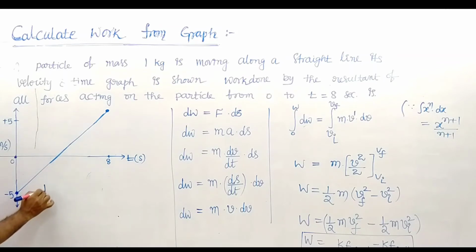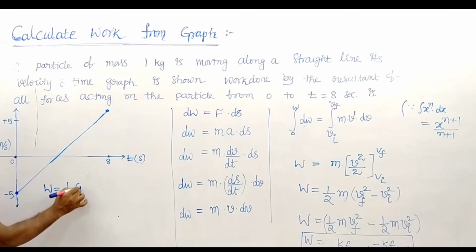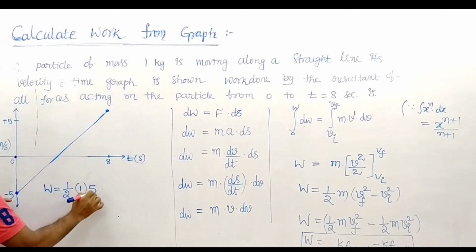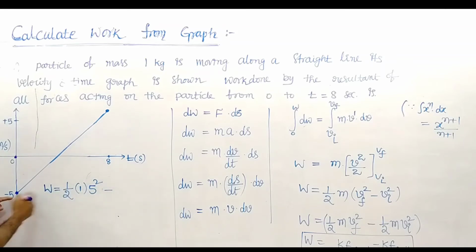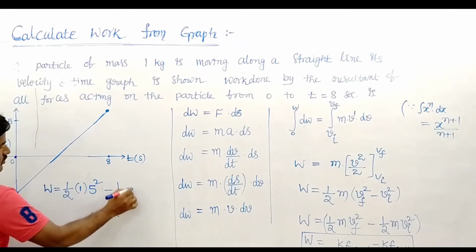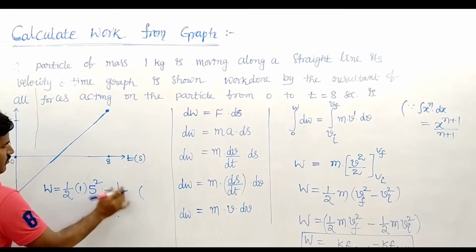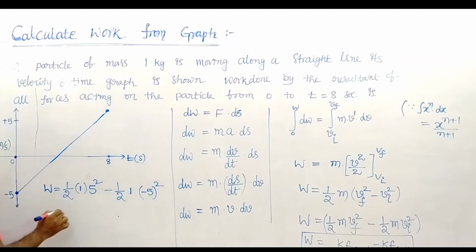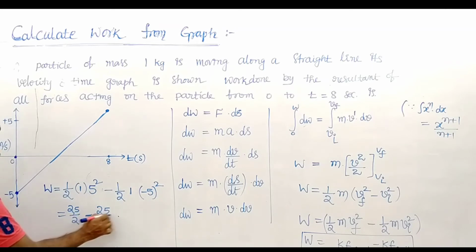Work done equals final kinetic energy, with m as 1 kg and final velocity 5, squared, minus initial kinetic energy with m as 1 kg and initial velocity minus 5, whole squared. This value equals half m v square, that is 25 by 2 minus 25 upon 2.